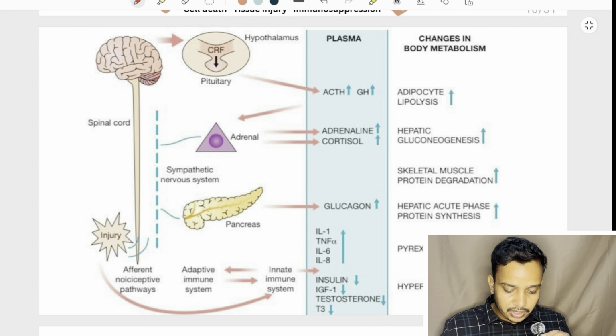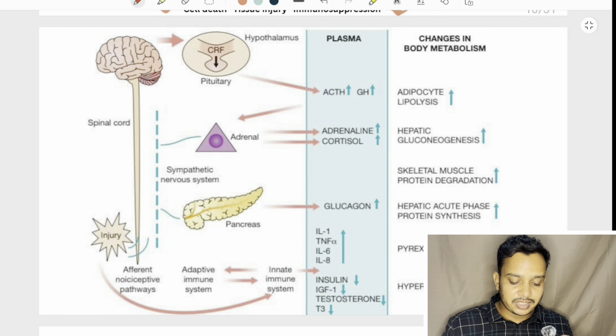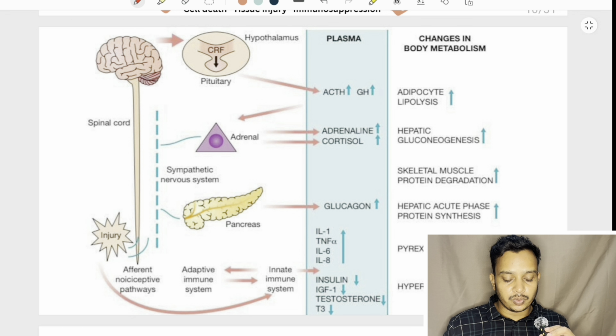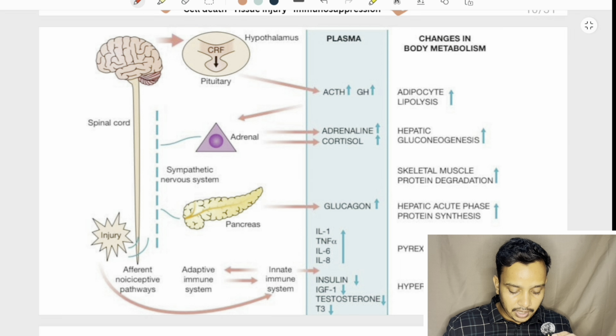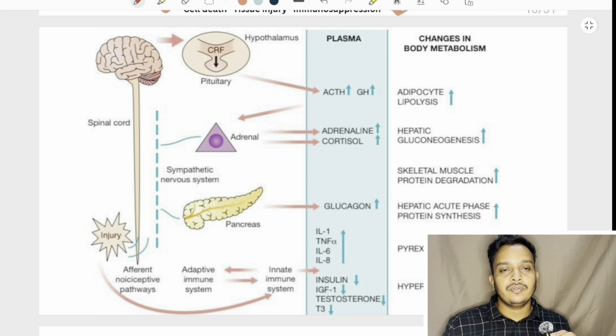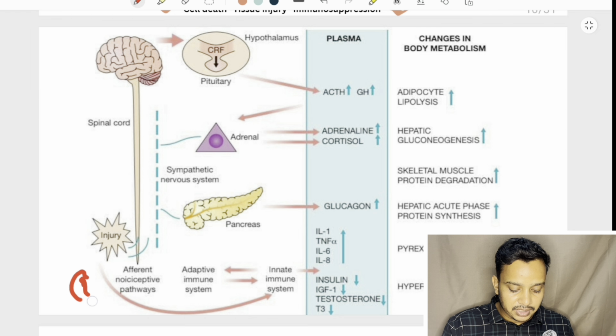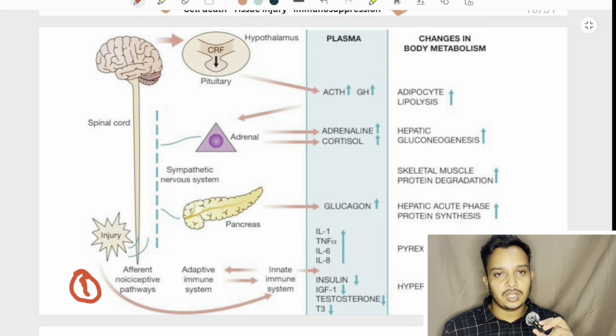So whenever there is any kind of metabolic response to injury, it starts with our neurohumoral response also. How does this neurohumoral response happen? Whenever there is any kind of injury or major surgery, the patient will have some kind of pain. This pain is activated by the afferent nociceptive stimulus, which is carried through the spinal cord and stimulates the hypothalamus, because the majority of things happen in the hypothalamus.